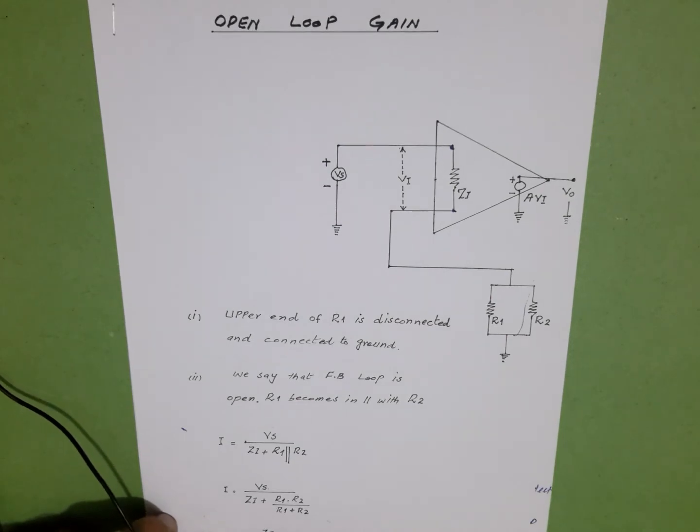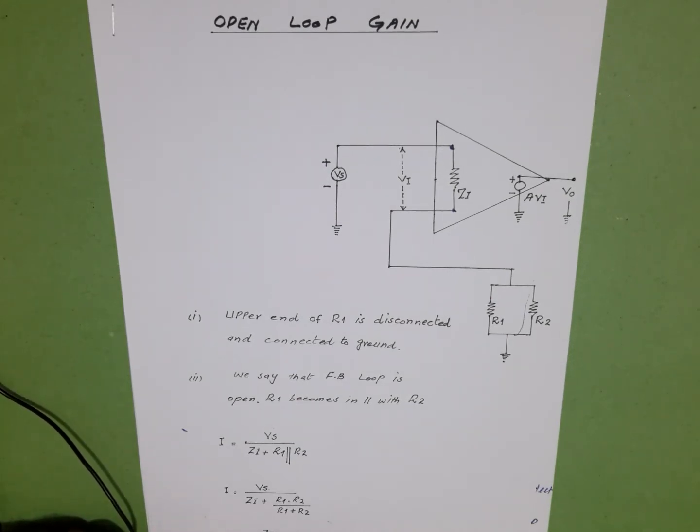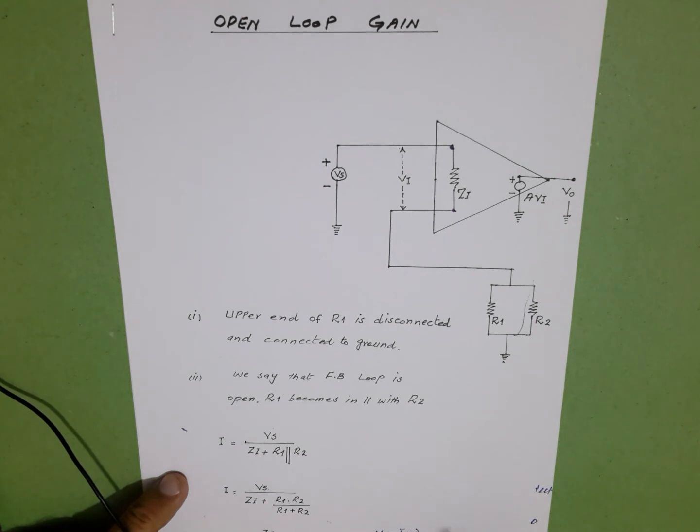Ohm's law: V is equal to I into Z or R. The current multiplied by Zi gives us V input.